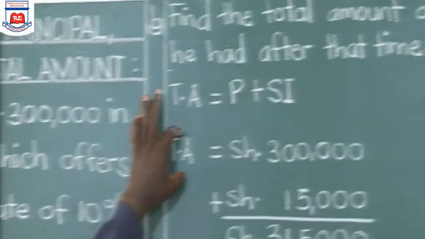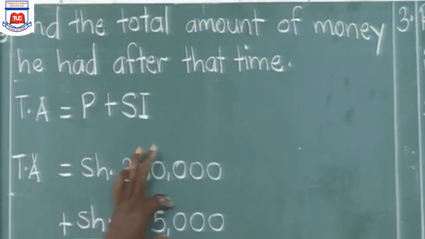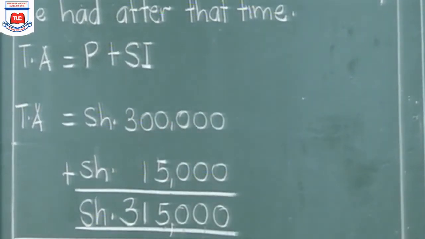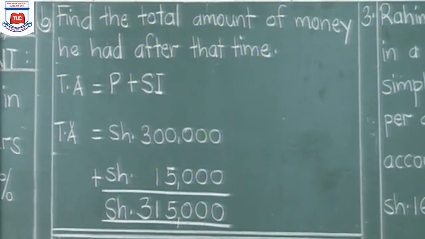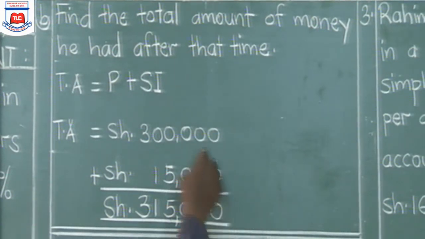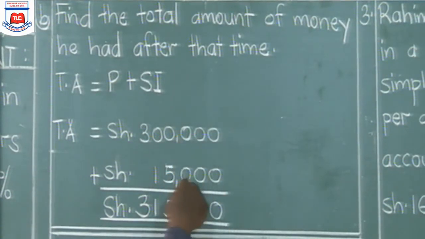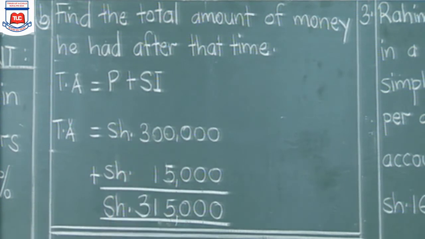Hence, we say total amount equals 300,000 shillings plus the 15,000 shillings simple interest. You order it very well according to the place values, and now add: 0 plus 0, 0; 0 plus 0, 0; 0 plus 0, 0; 0 plus 5, 5; 0 plus 1 is a 1, as well as a 3 brought down, and then write shillings.